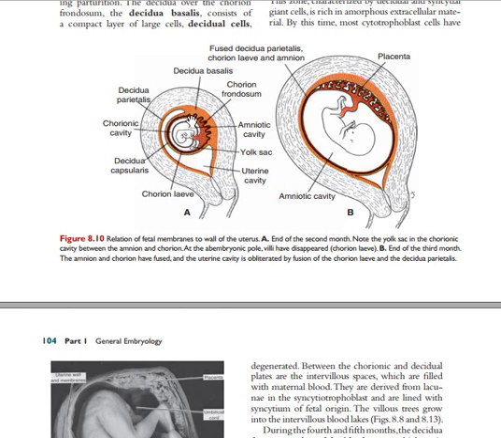Now outside the yolk sac, this is the chorionic cavity, while inside you have the amniotic membrane. The amniotic cavity directly covers the fetus, and the amniotic membrane is made up of embryoblasts. Is it clear?